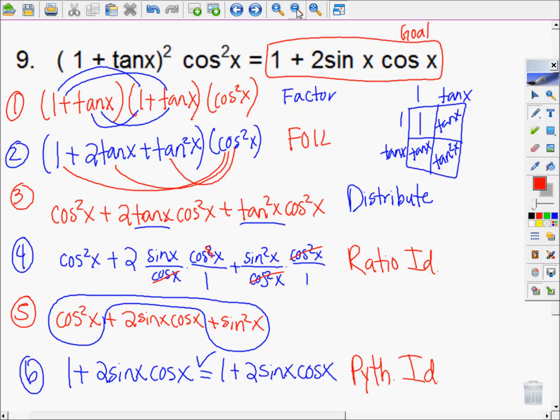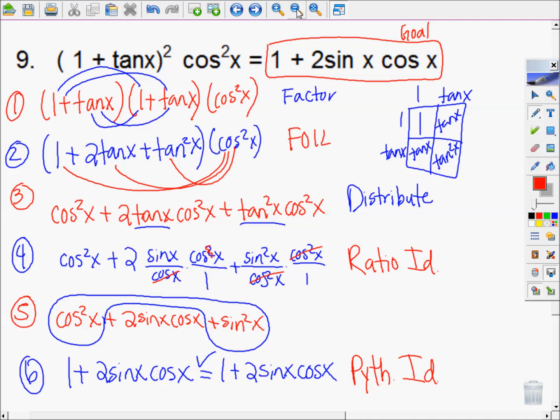Okay? Step 4, we turn everything in terms of sine and cosine. And once everything was in terms of sine and cosine, I was now able to eliminate, correct? The reason why we went from tan to sine over cosine is by using the ratio identity. Once I eliminated, I came down to cosine squared x plus 2 sine x cosine x plus sine squared x, which means I was closer to my goal.